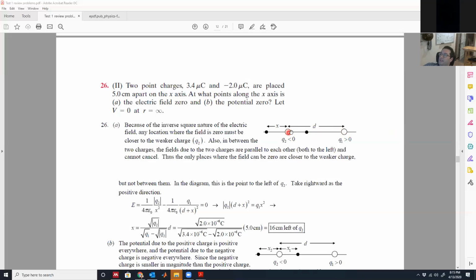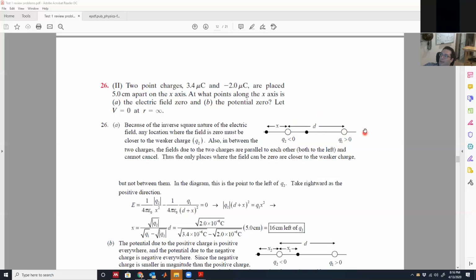For the electric field to cancel out, we want it to be attracted in one direction and repelled in the other direction, right? If we look at this side first, it's going to be repelled from this and attracted from here.